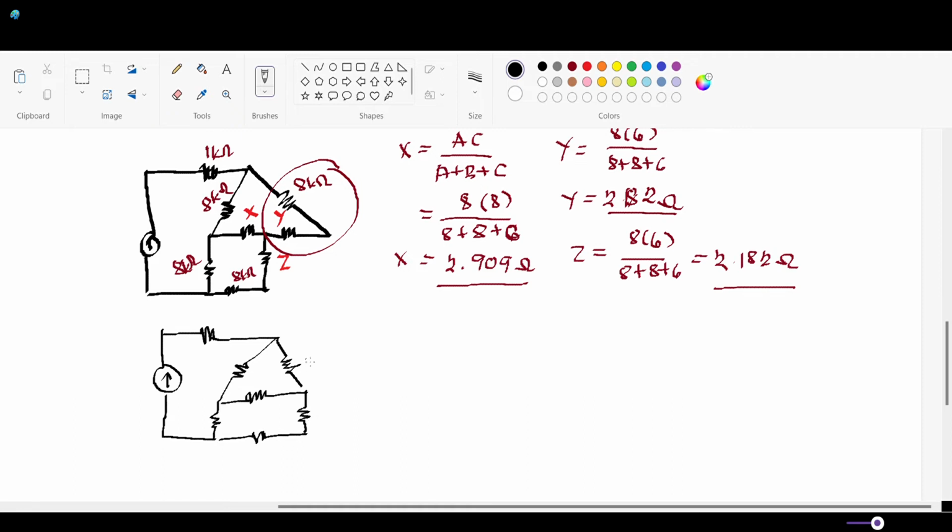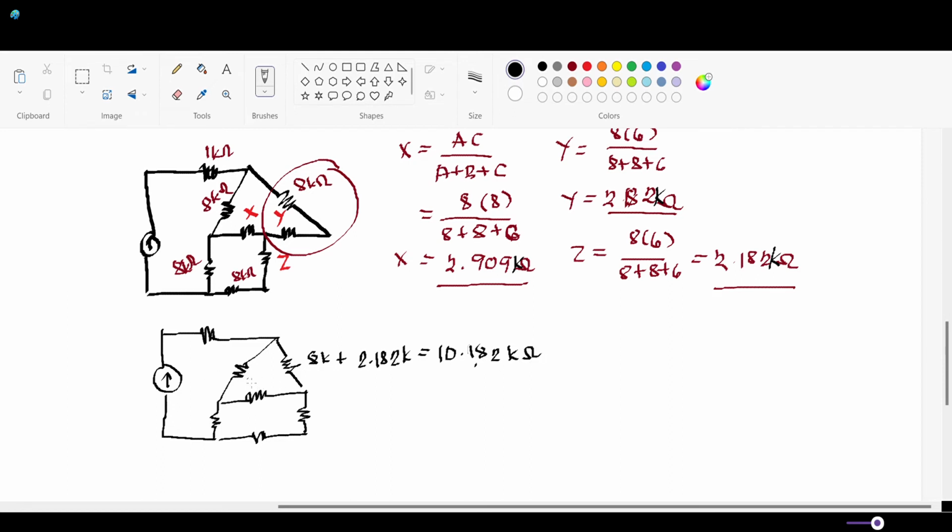This is the series combination. This is 8 kilo ohm plus, by the way, these are in kilo ohms, 2.182 kilo ohms, so this is 10.182 kilo ohms.